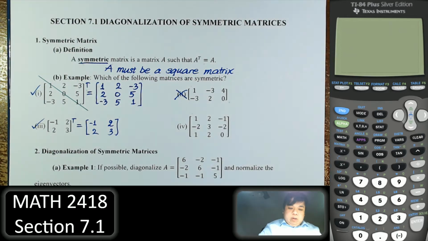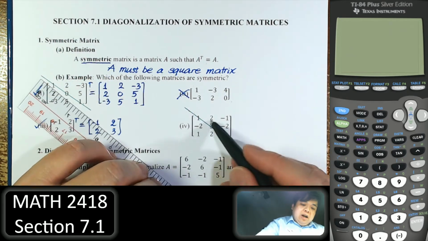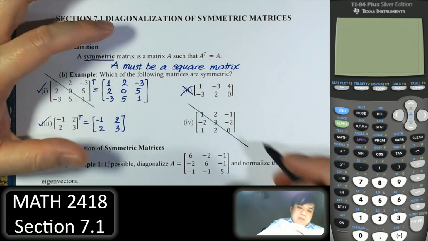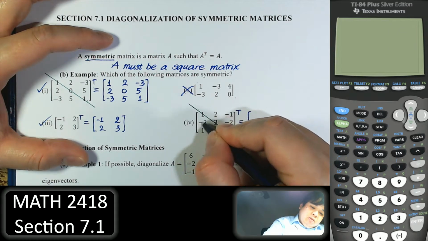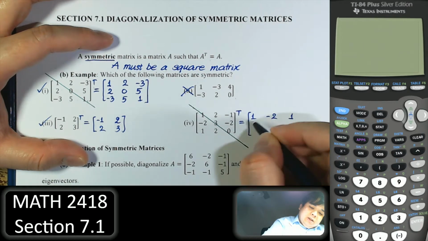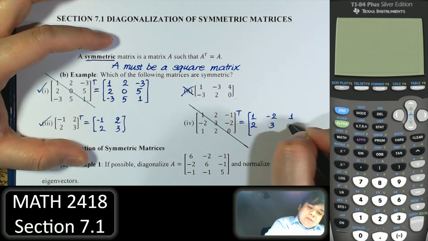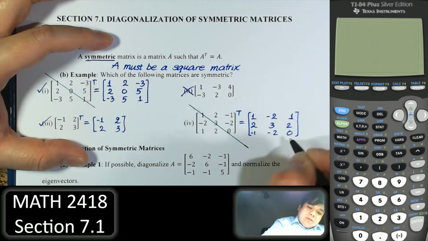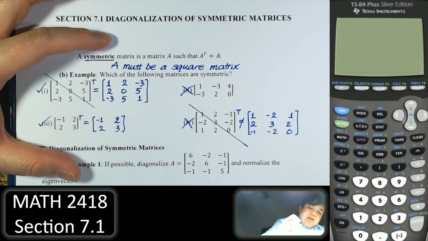On this one, if we draw the diagonal, the entries are not symmetric to -2. If we do the transpose, the first column becomes the first row, and they are not the same, so it is not symmetric.